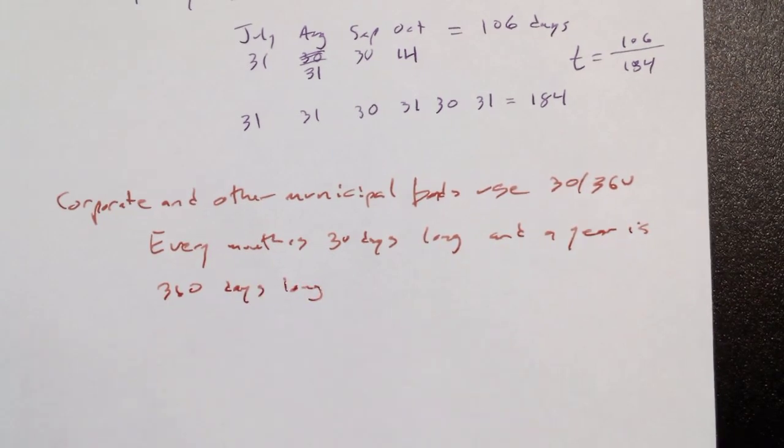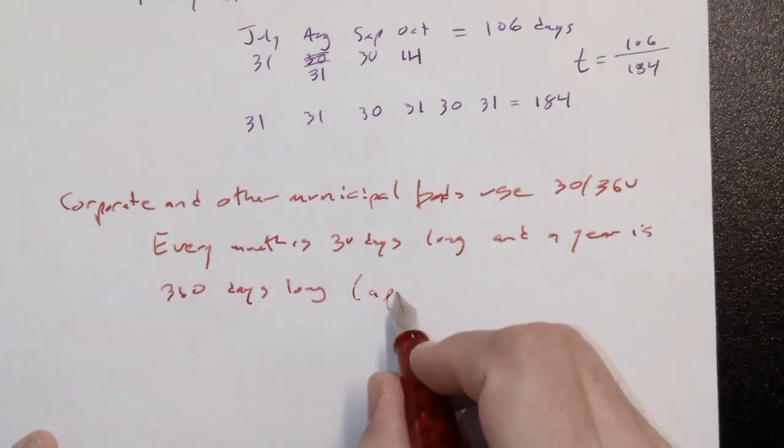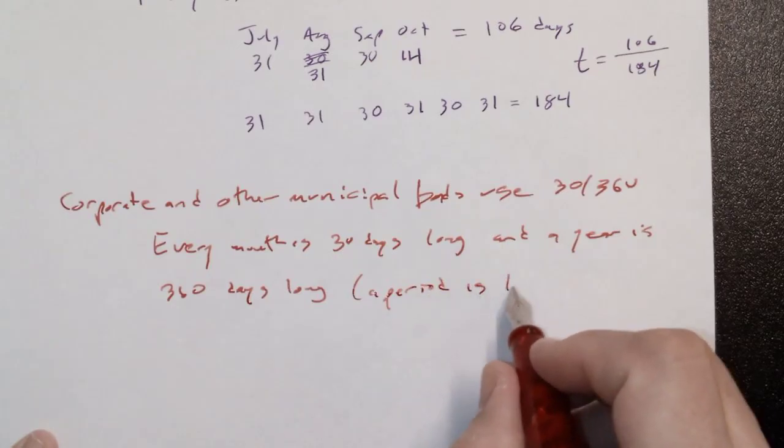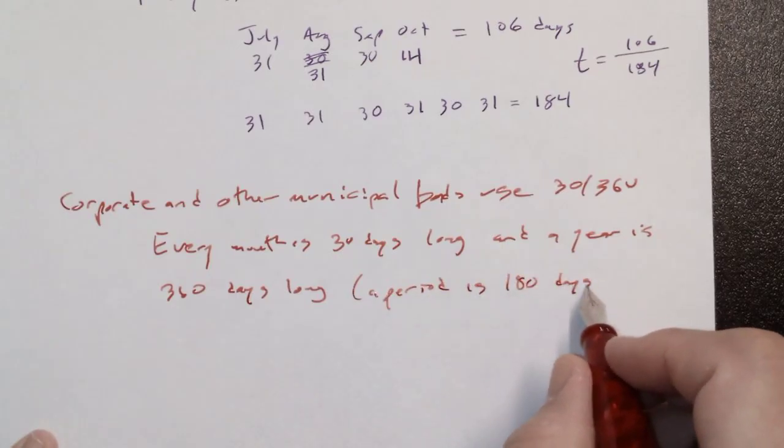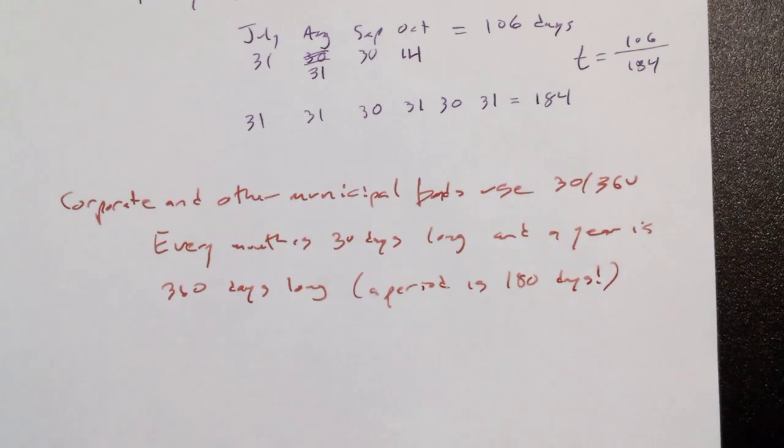By the way, that means that a coupon period is exactly 180 days. Because that's a 6-month period. I don't care whether it's January to July or July to December, it doesn't matter.